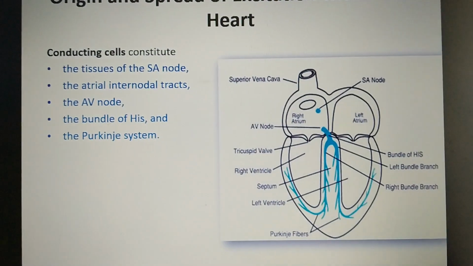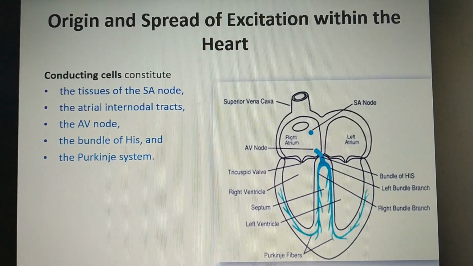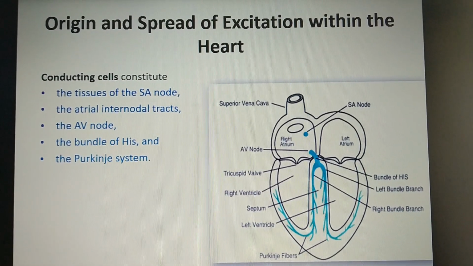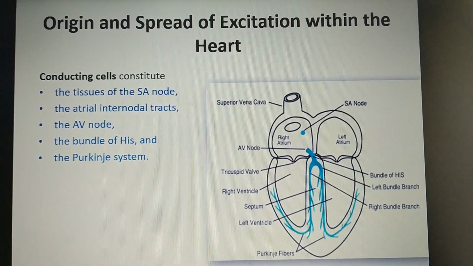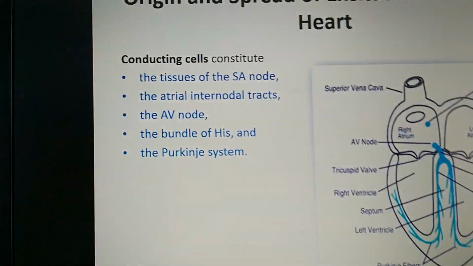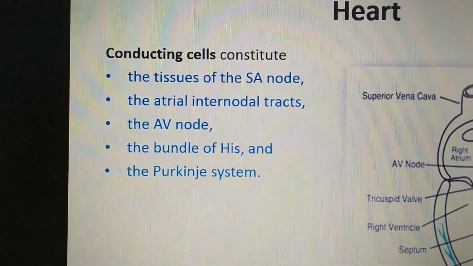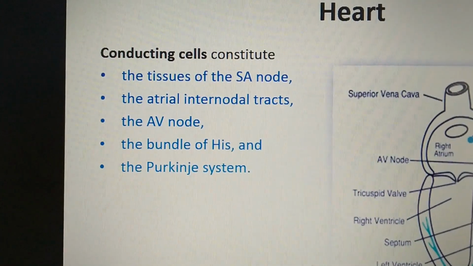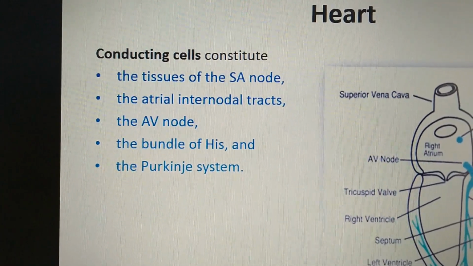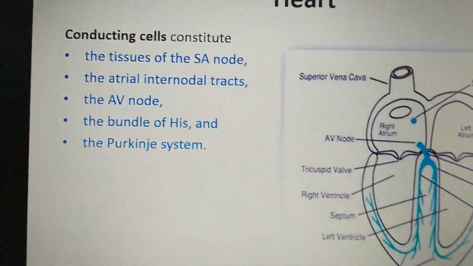So what are the structures present as the 1% of the tissue, what we call the autorhythmic cells or conducting cells? They are the SA node, atrial internodal tracts, AV node, bundle of His, and the Purkinje system.